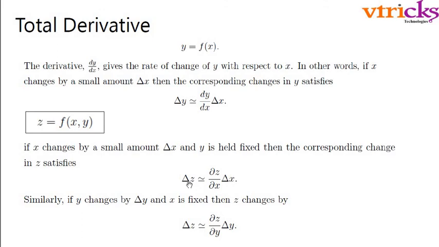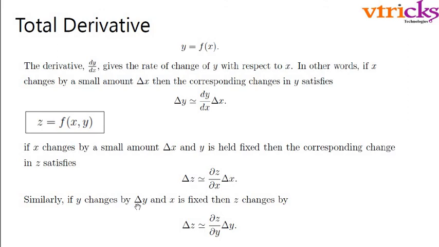So delta z will be, only now dy by dx will be represented by the partial derivative of z with respect to x, since I am changing x by a small amount delta x and looking at its effect on z. So I take del z by del x into delta x. For a given small change in x, the change in z is given by this expression.